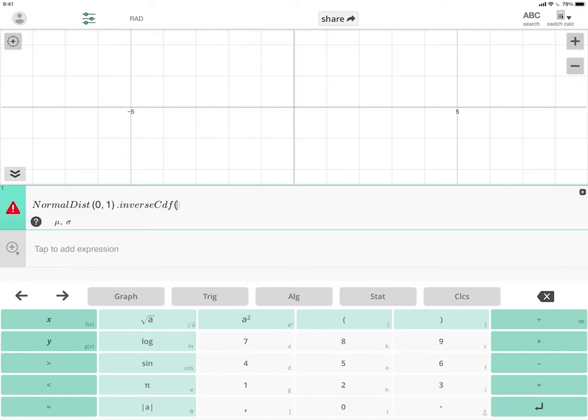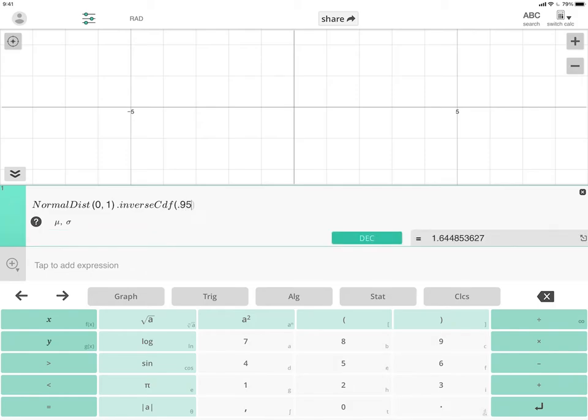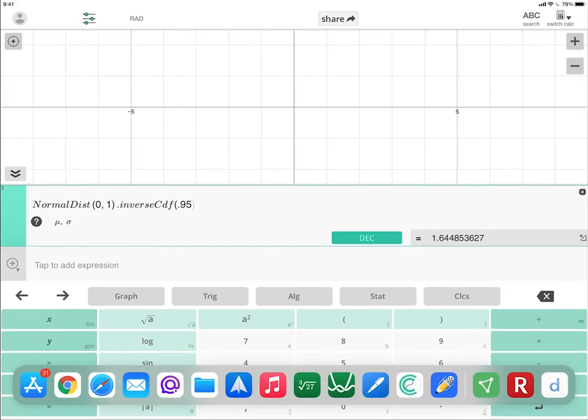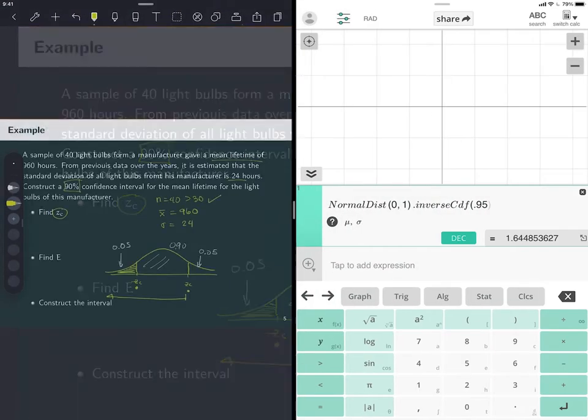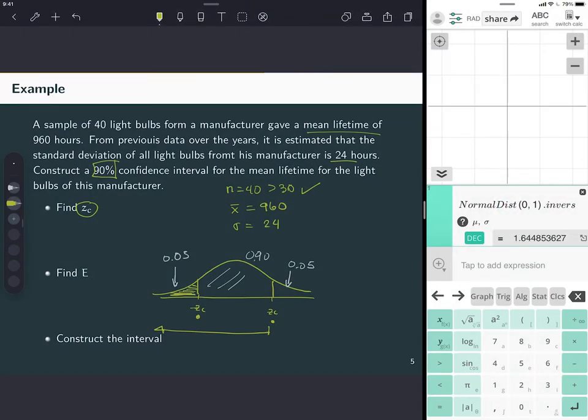And I want the point 0.95. So it's 1.645. So I use this calculator to find this, so my Z is 1.645. That's the Z value that leaves the middle 90%.